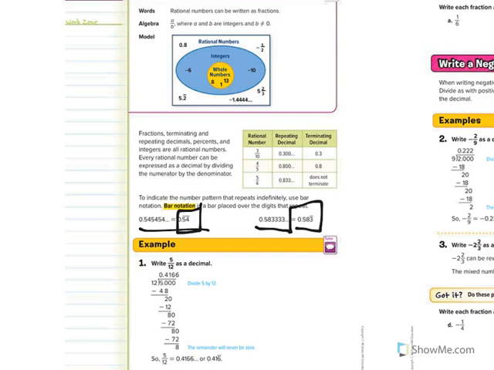Now let's take a look at example 1. To write 5/12 as a decimal, I can't easily change it to an equivalent fraction that's got a denominator of 10, 100, or 1000, to easily write it as a decimal. So I'm going to have to do division. We know that a fraction bar does mean division, so I can do 5 divided by 12 to change it to a decimal.